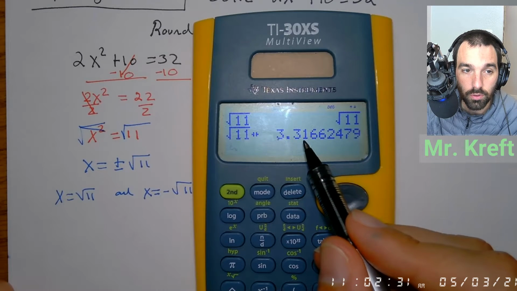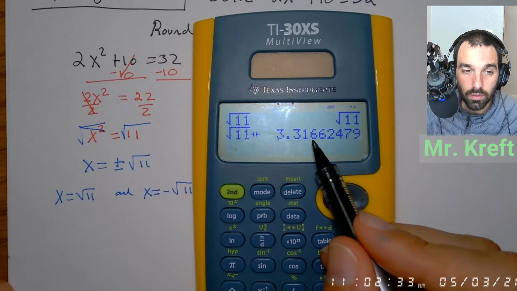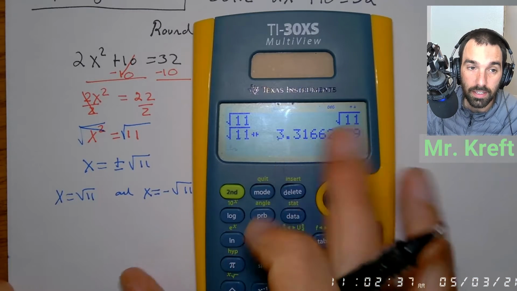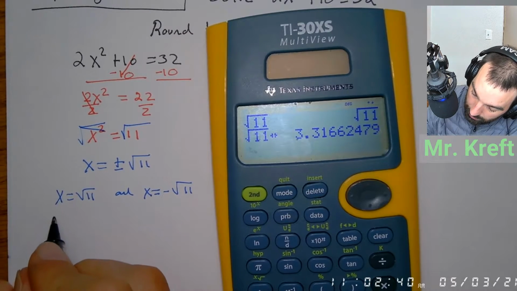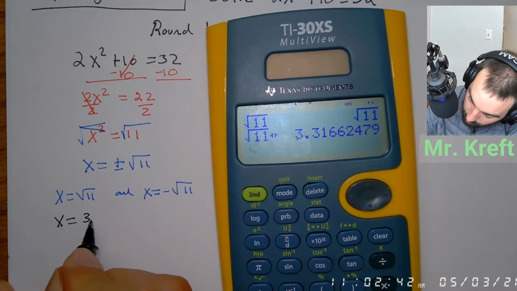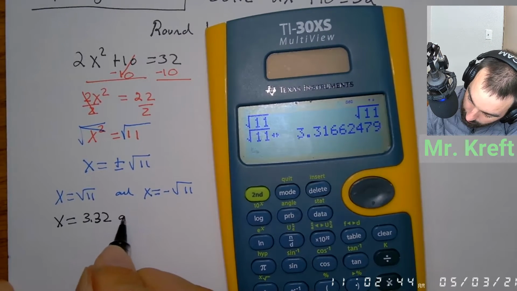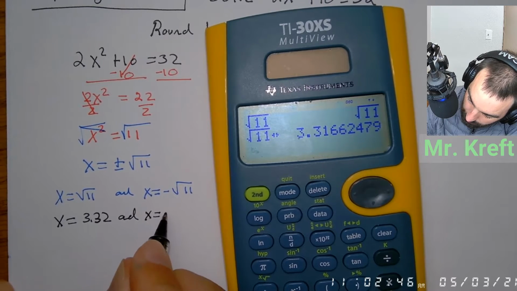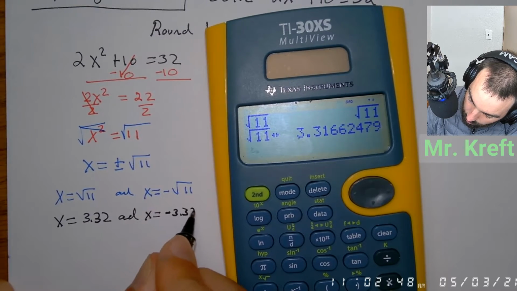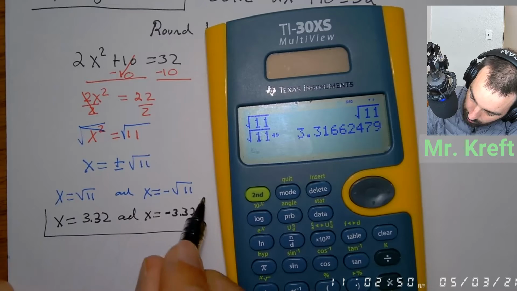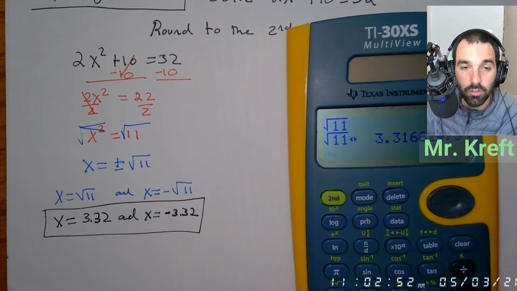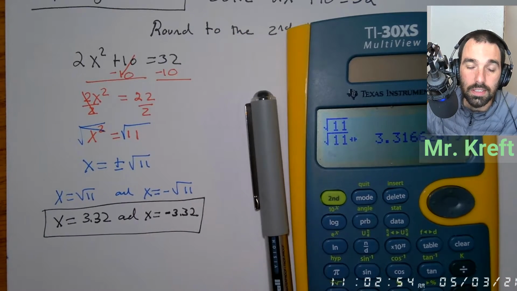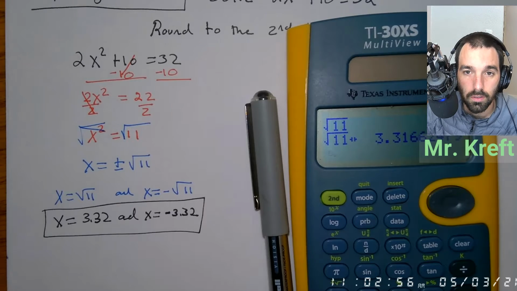The one to the right of it is 5 or higher. So I'm going to round the second decimal up. So I'm going to get x equals positive 3.32 and x equals negative 3.32. Okay, so those are my approximations rounded to the second decimal place.